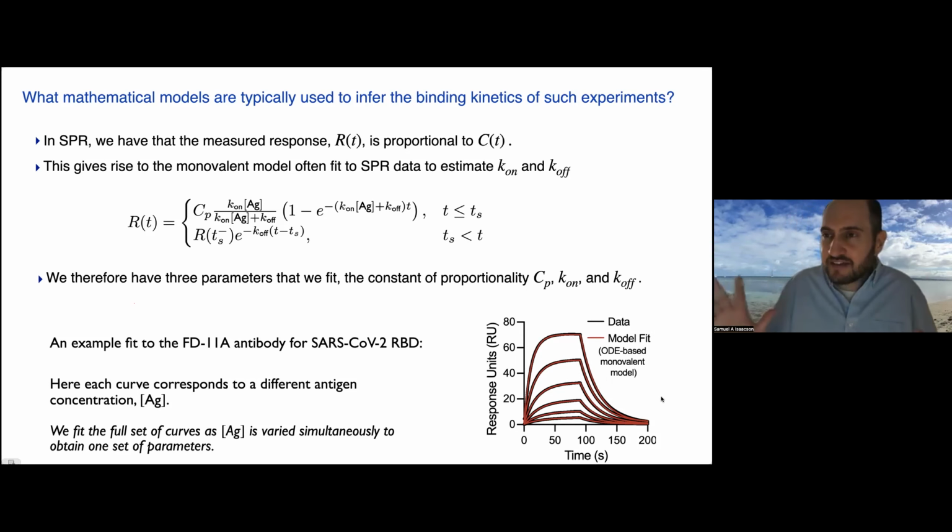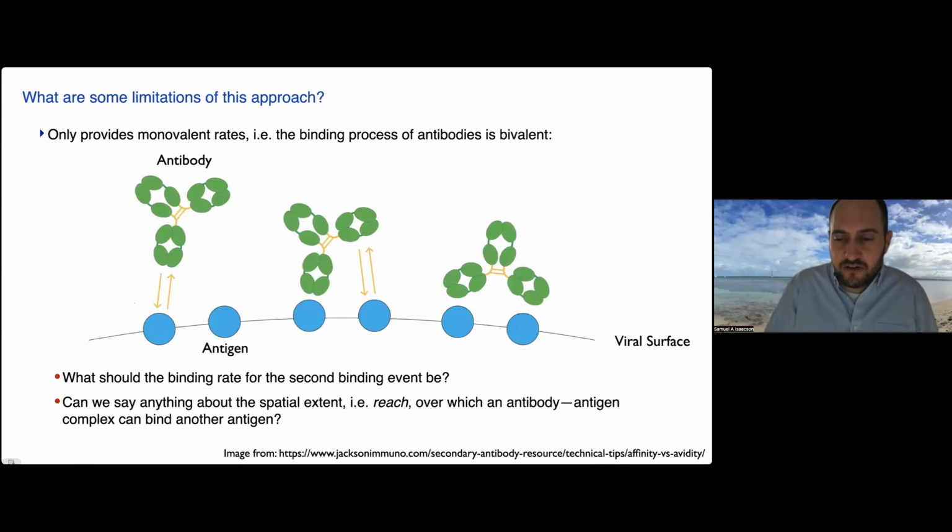So that's kind of the classical picture, the standard setup that people started with, but there are some limitations to that approach. One is it only provides what are called monovalent rates. That is, this kind of bulk rate that you bind to a free arm from the solution. But if you think about the picture of how antibodies bind to antigens on the surface of a virus, it's a little different.